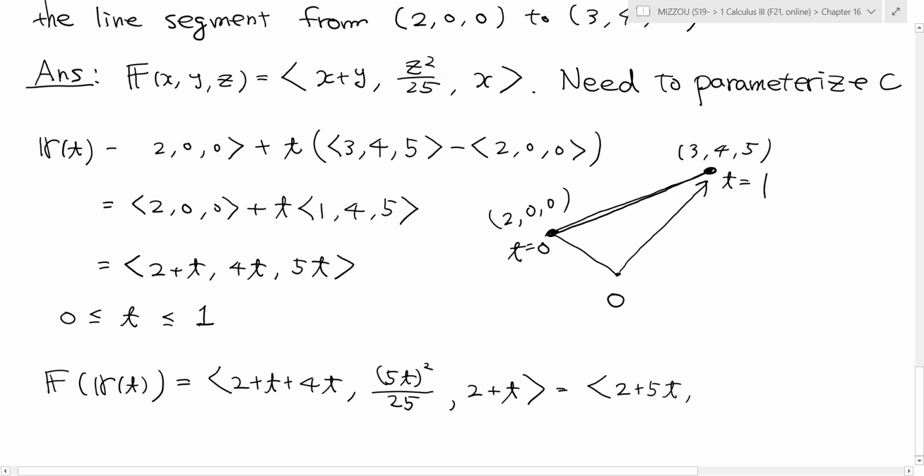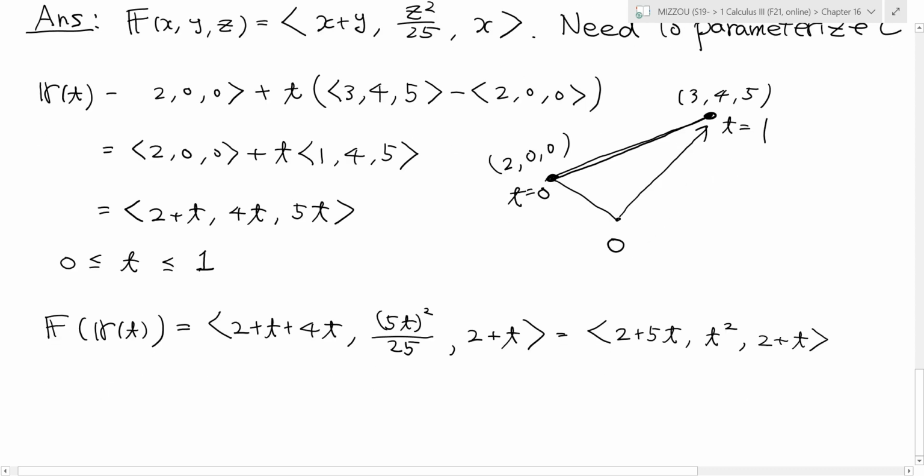The second component is actually t squared. And then you get 2 plus t. All right. And then the derivative: you just differentiate this, and you get 1, 4, 5.